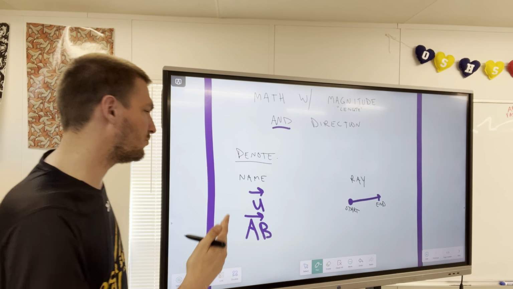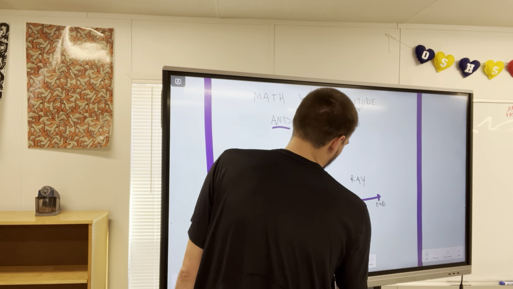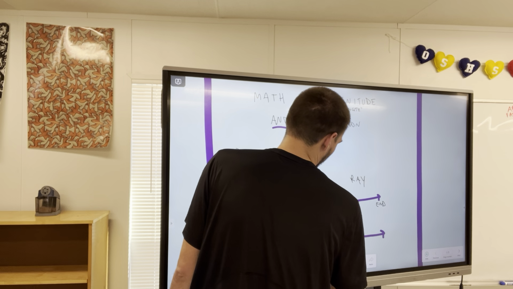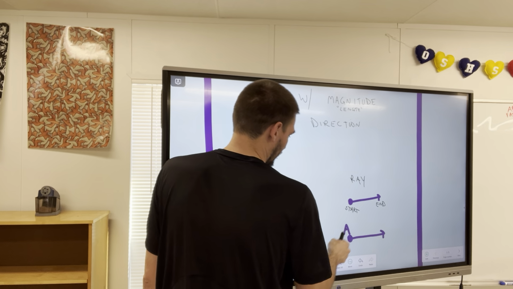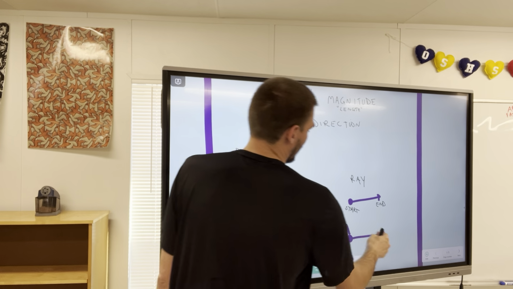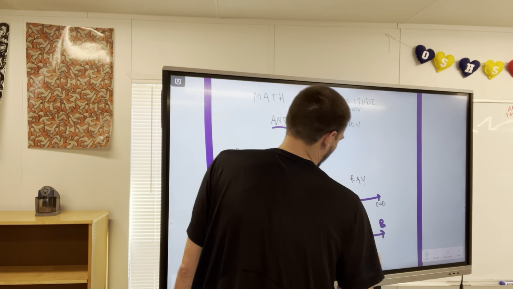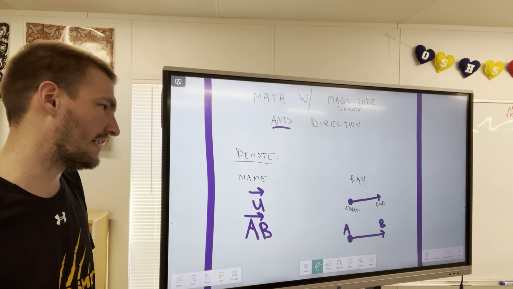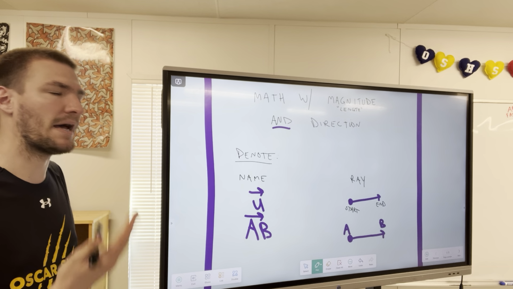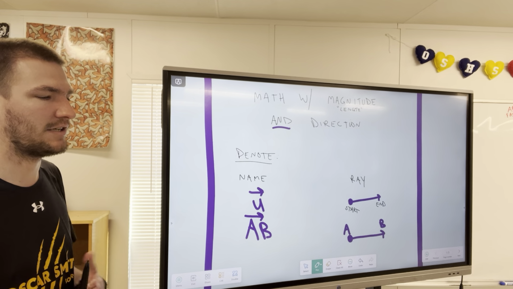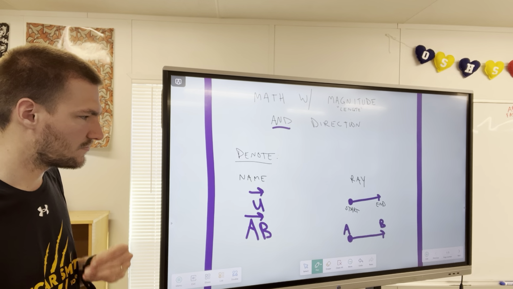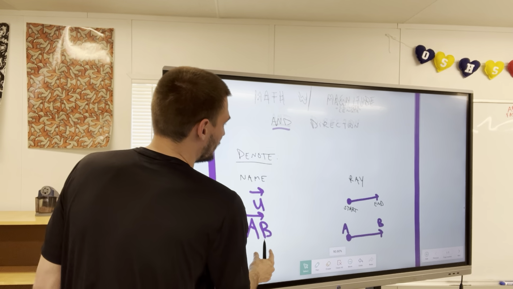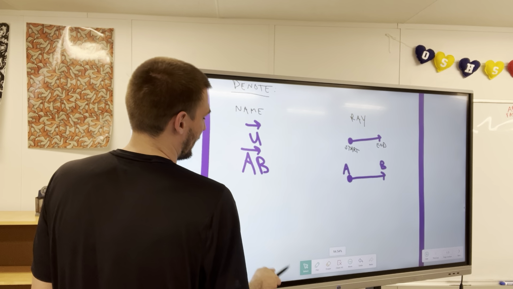Because giving it 2 capital letters, it's gonna be the same looking ray, except the first capital letter is the point where we originate, and the last capital letter is the point where we end. And so this is just a little bit of a better way to name it because it's very clear about where we start and where we stop. Okay? So that's how you denote a ray.